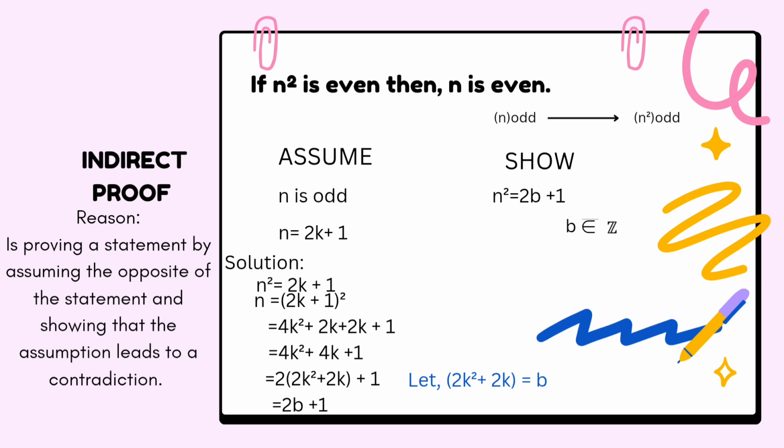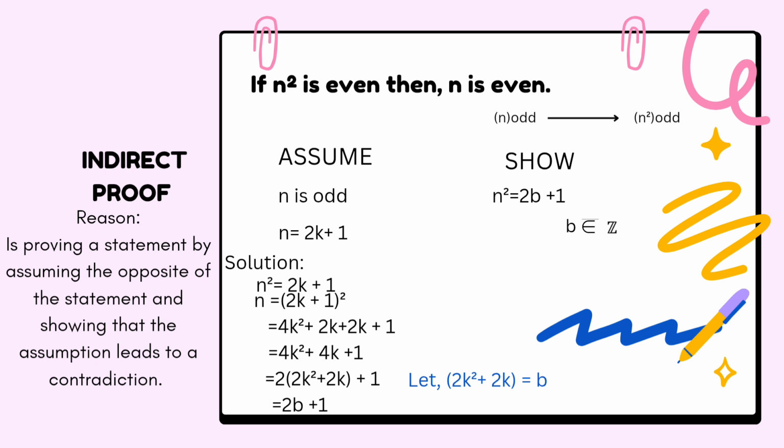As we can see, 4k squared plus 4k is divisible by 2, so we can create a product on it, so that we can eliminate the sum of the integer into a variable, which is the variable that we formed from n squared, where n squared equals 2b plus 1, since b is an element of some integers.